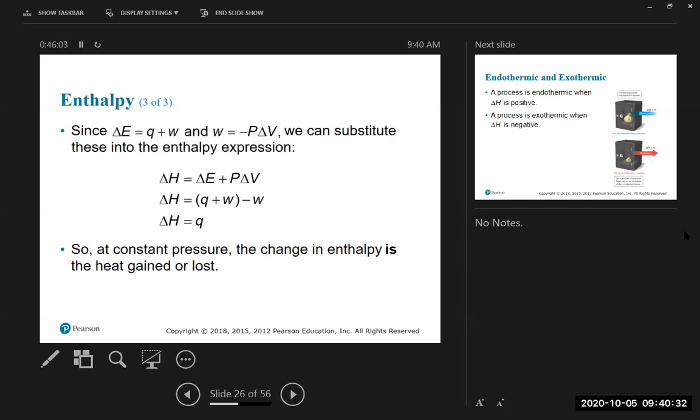Is heat coming in? Is it endothermic? Is heat going out? Is it exothermic? The big assumption here is constant pressure. If the pressure is changing, that changes the rules, but for constant pressure, we can break down that delta H equation to simply delta H equals the heat flow.